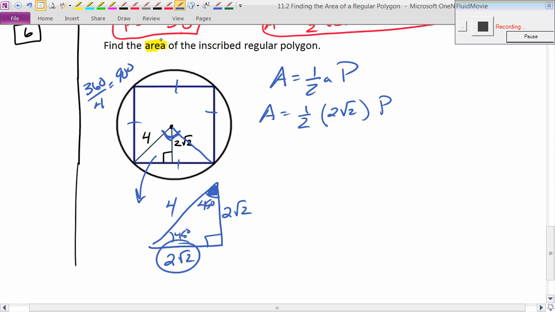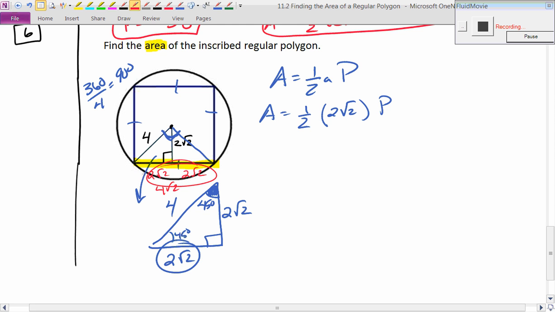So if half of this distance is 2 rad 2, what's the entire distance? 4 rad 2, right? Okay, did we forget how to add those things together? If this is 2 rad 2 and this is 2 rad 2, the total distance is 4 rad 2.